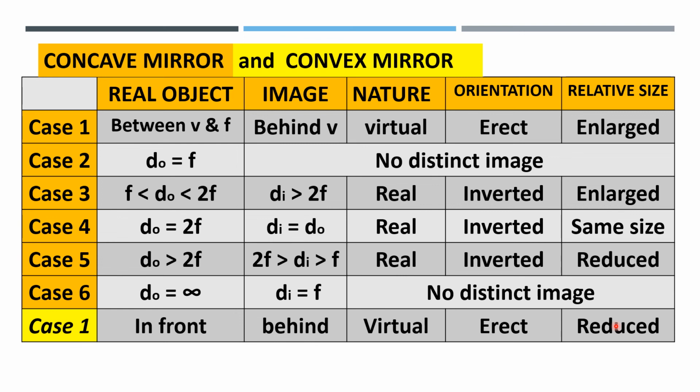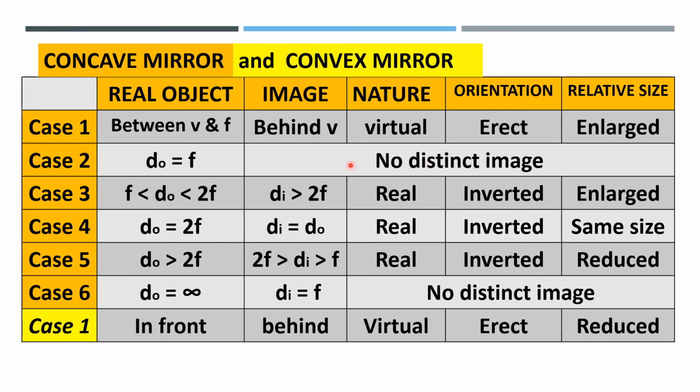But out of the 6 cases, there are 2 cases when there will be no distinct image formed. And this is case 2, if the object is located exactly at the focus or at a distance equal to the focal length. There will be no distinct image.